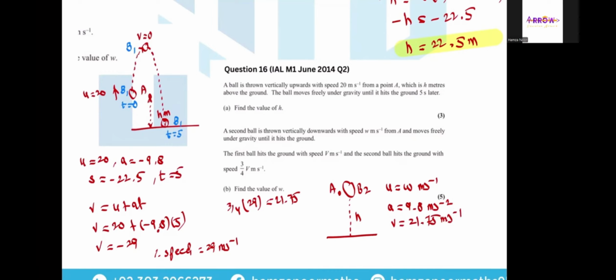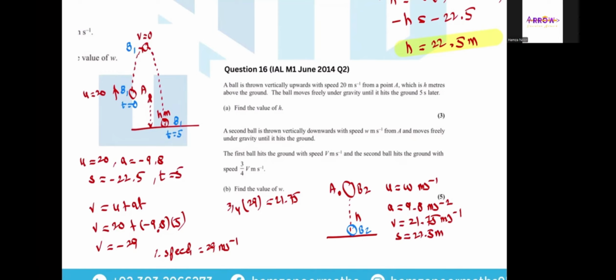When ball 2 hits the ground, it covers a displacement, a distance of h meter, and the value of h is 22.5. So I'm going to say that the displacement is 22.5, since we are taking the downward journey as positive.